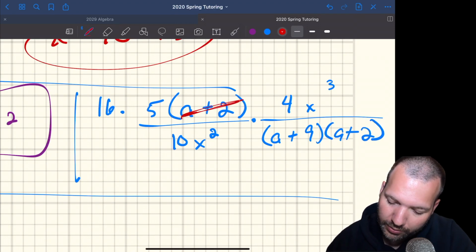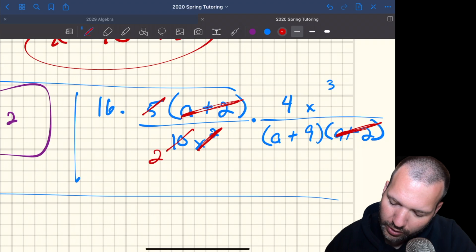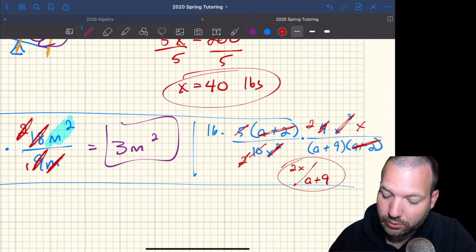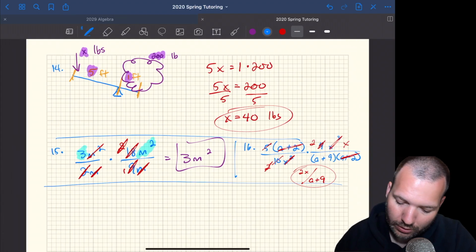And I can see common factors. 5 goes into 10 twice. The a plus 2's cancel out. X squared out of x cubed leaves just a single x. And 2 goes into 4 twice, right? So we end up with 2x over a plus 9. And that would be the answer to number 16.